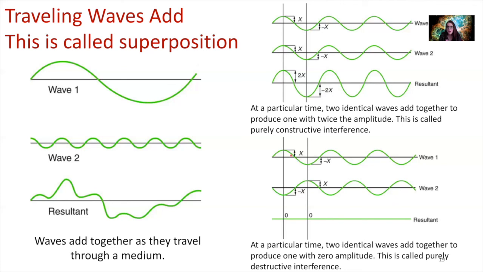So for example, if I chose these 2 points right here, let's say wave 1 has an amplitude of 1 right here. Wave 2 has an amplitude of -1 down here. So 1 plus -1 gives you 0, right? And we still have 0 at the 0 points when we add those together. So if you have two waves that are completely inverted to each other and they add together, you produce destructive interference, which means your resultant wave is null, it's 0.